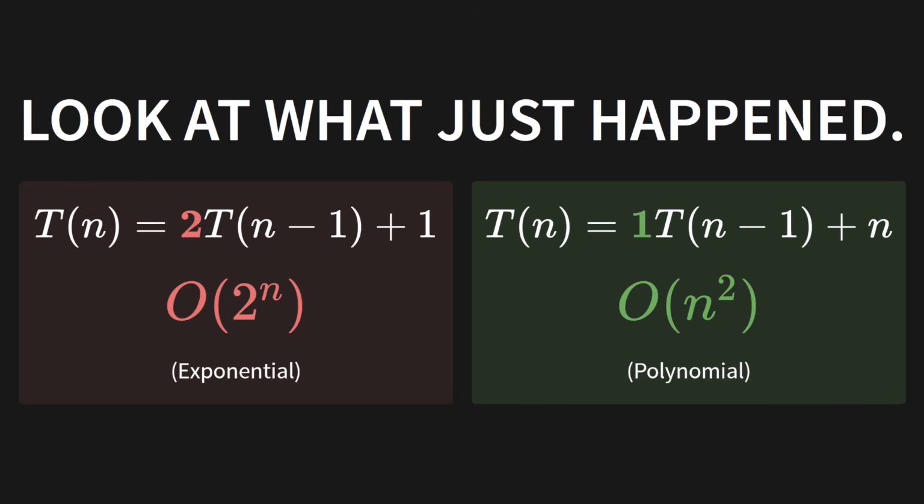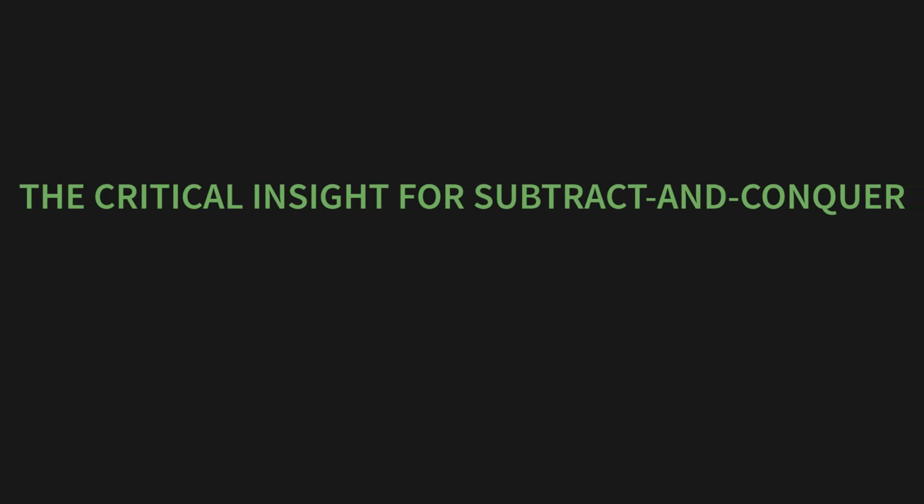Look at what just happened. Let's put these side by side. T of n equals 2T of n minus 1 plus 1 resulted in O of 2 to the n. Exponential. But T of n equals 1 T of n minus 1 plus n resulted in O of n squared. Polynomial. This leads us to the critical insight for subtract and conquer recurrences.